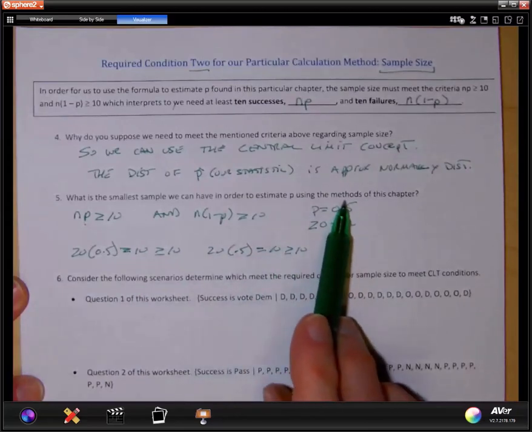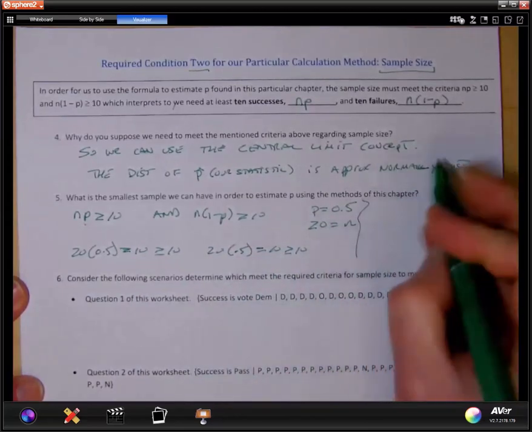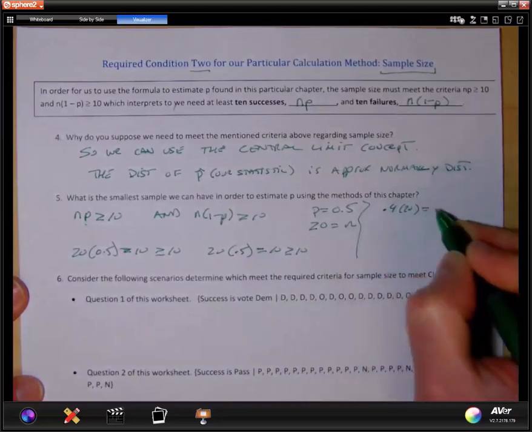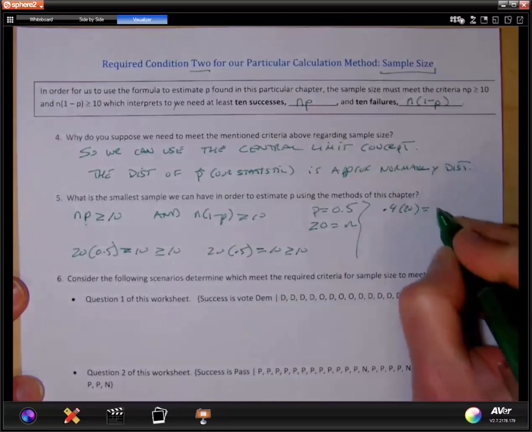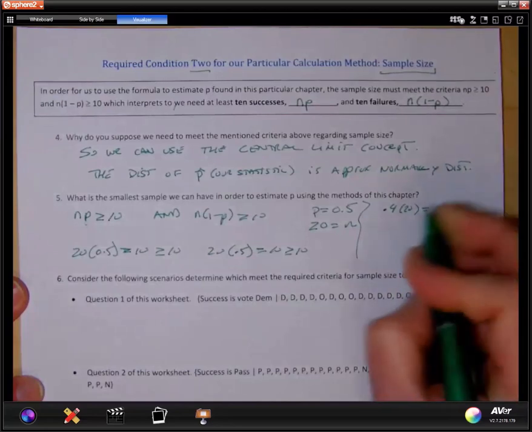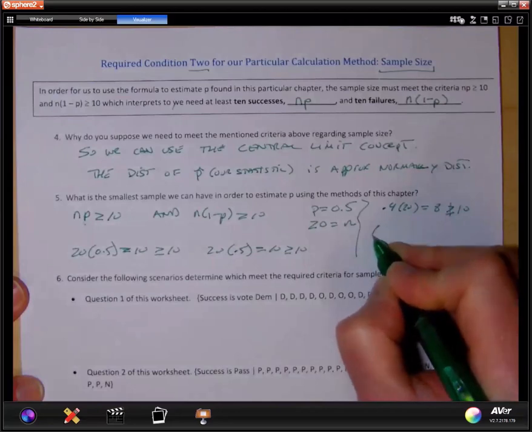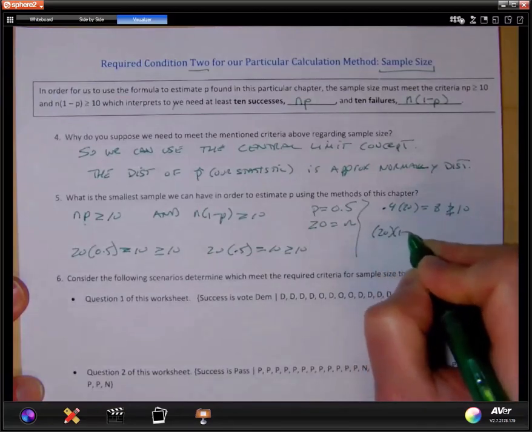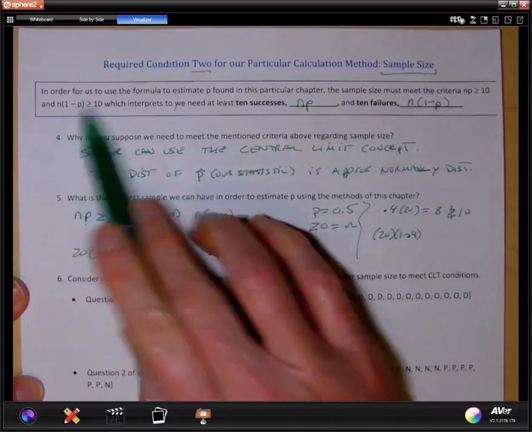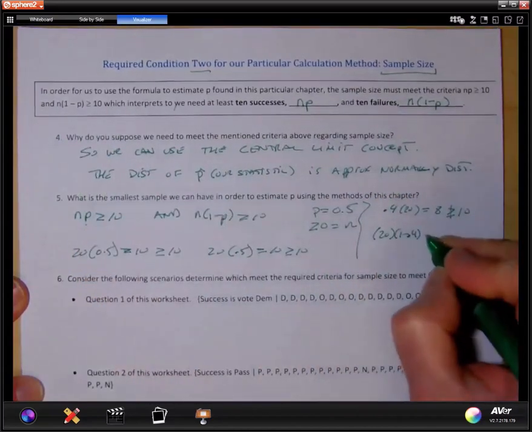Anything else, as soon as it becomes 0.4 or some other number, 0.4 times 20, for example, then that does not give you what you want. That only gives you 8, which fails to be greater than 10. And sure, on the other end, it meets the criteria, but we need to meet it. It's an and. This means it needs to be this and that, meeting both, and we don't.